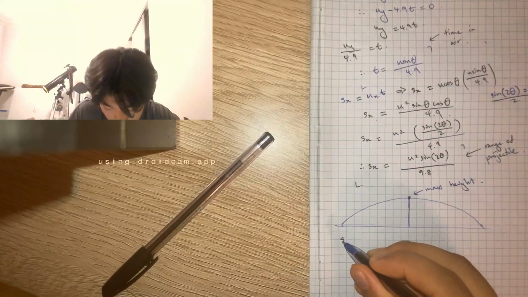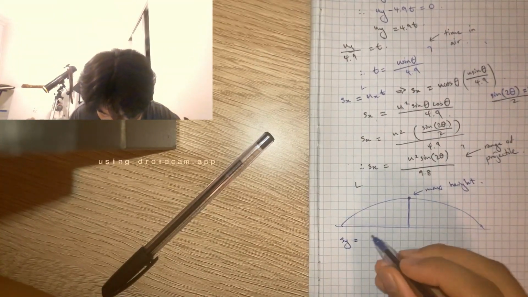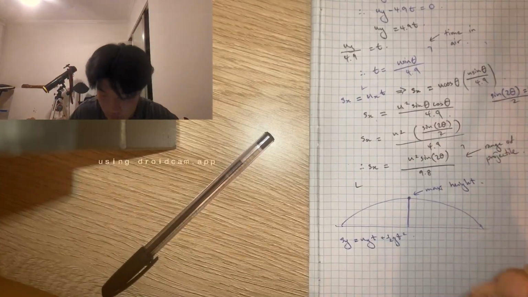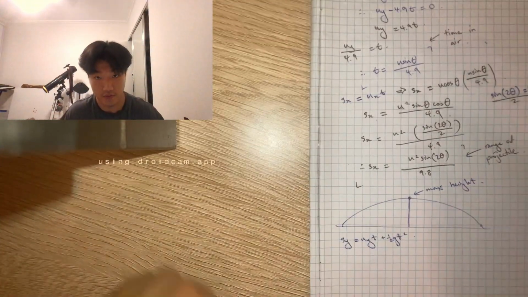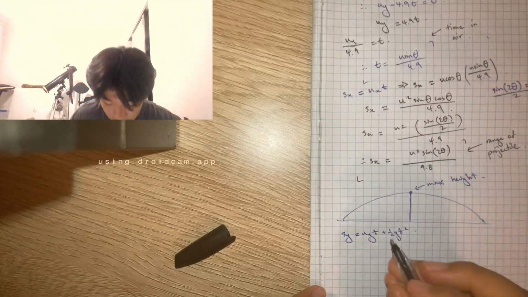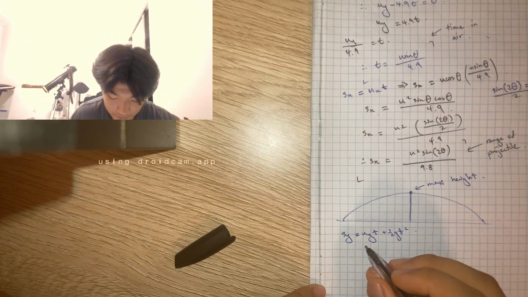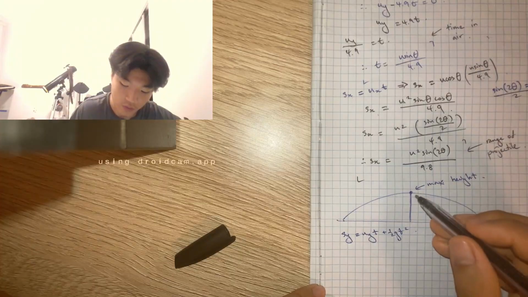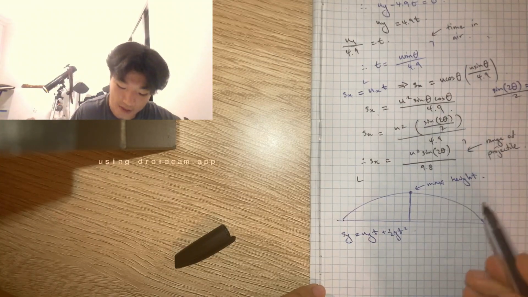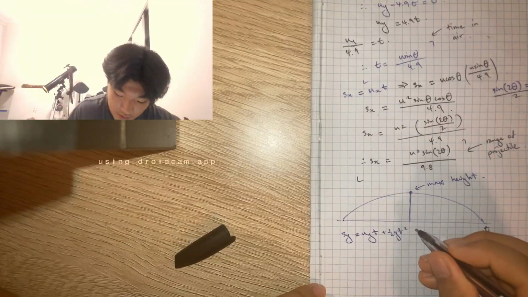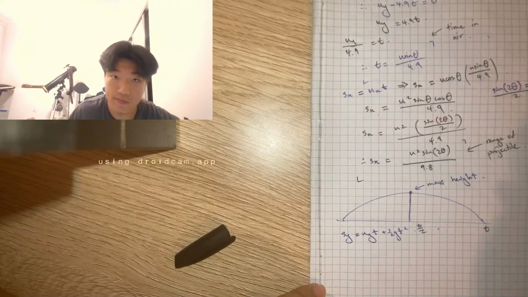Okay, s of y equals u y t plus half g t squared. In this case, s of y does not equal 0. We're trying to determine s of y. Something to note: like we said before, it's symmetrical, which means that at this point, if this is t, this is half of t.